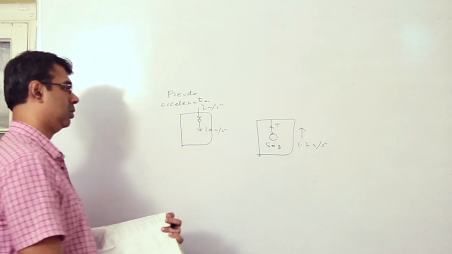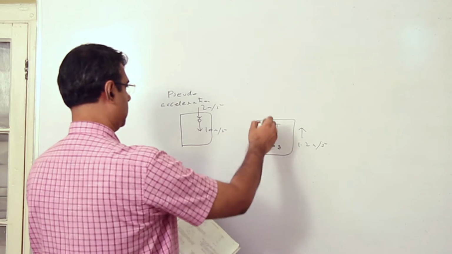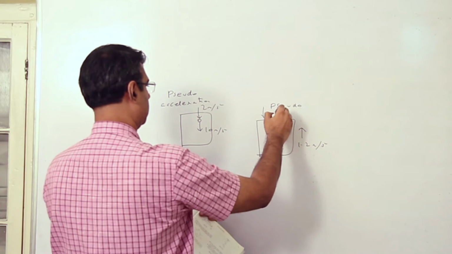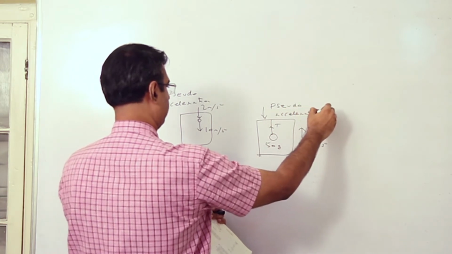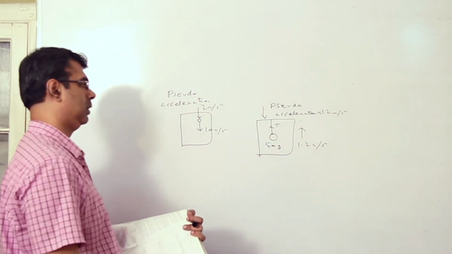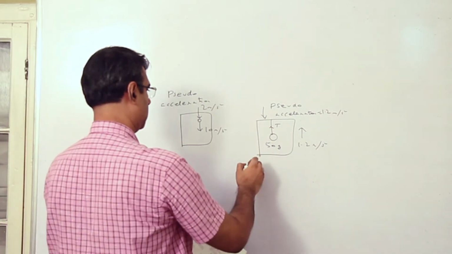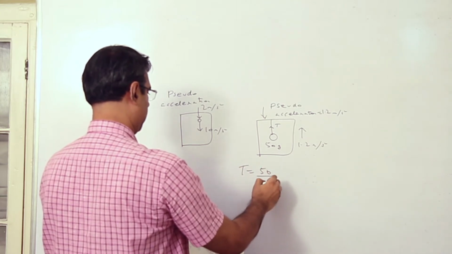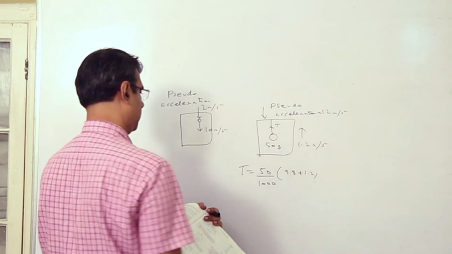Now if the elevator is going up with this acceleration, that means the frame of the lift is non-inertial. So to make the frame inertial, you will have to apply a pseudo acceleration of 1.2 meters per second square. This will apply downwards. So T is equal to 50 by 1000 into 9.8 plus 1.2.